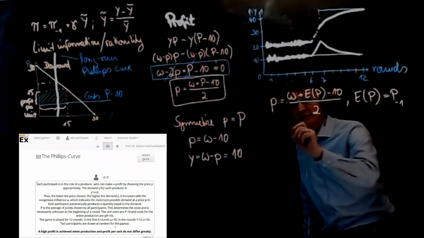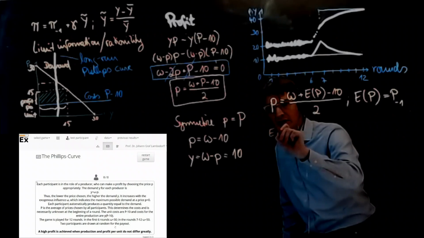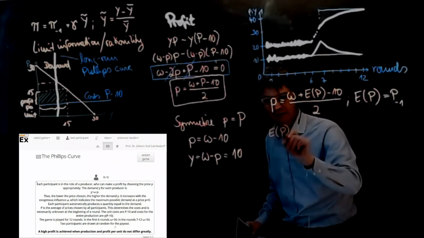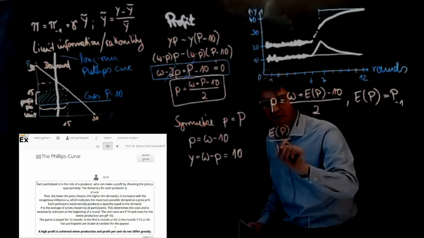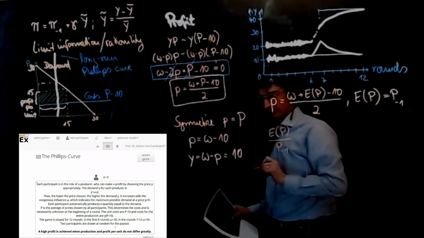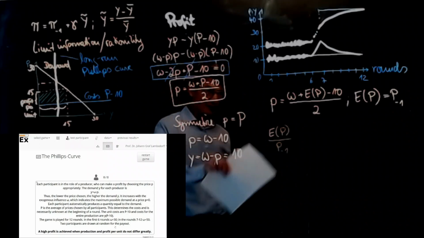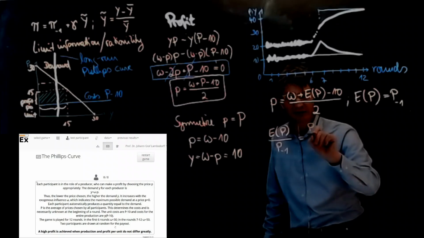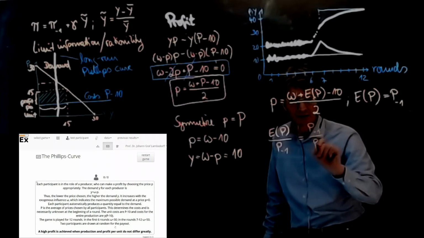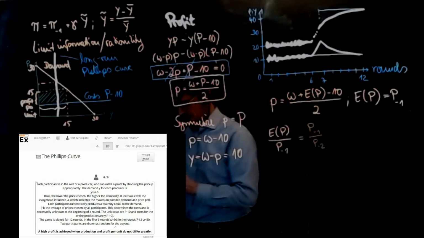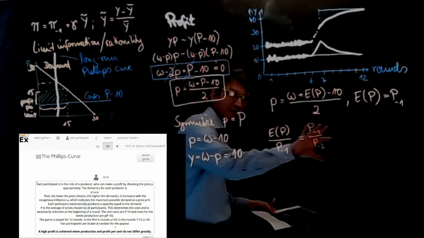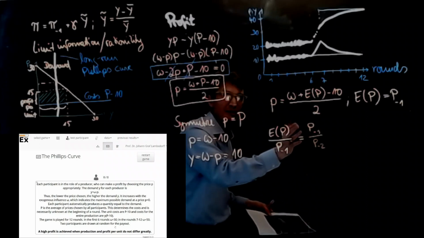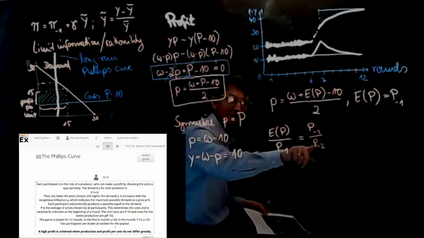And inflation, we can write this as the expected capital P over the previous round's price. That should be equal to the previous round's price over the one before. So the ratio should stay constant. If we had here sort of 10% inflation, then this amounts to 1.1.